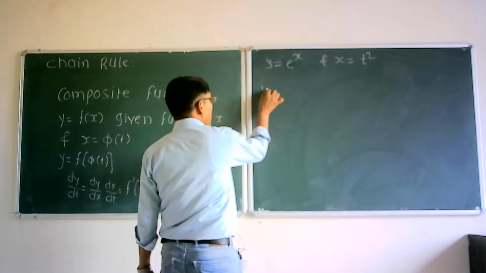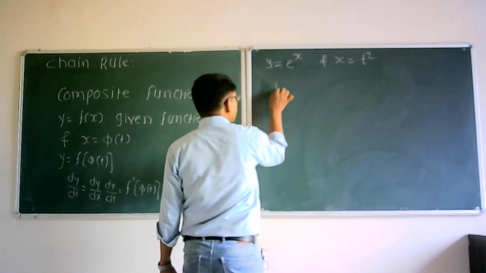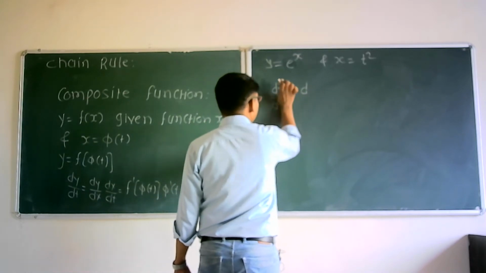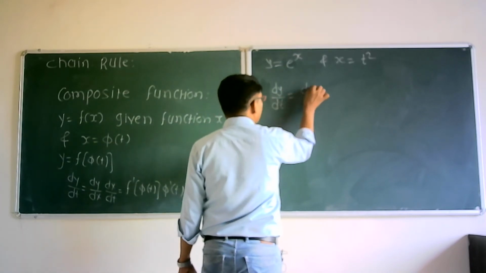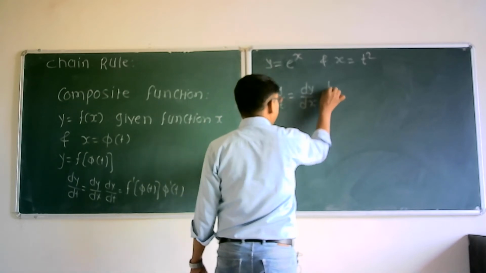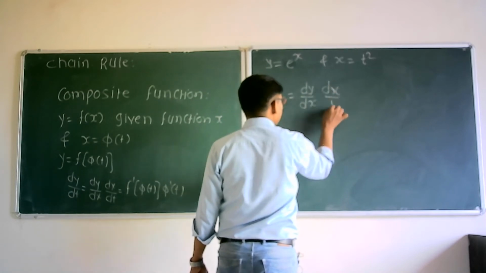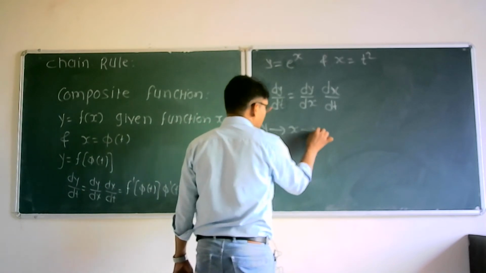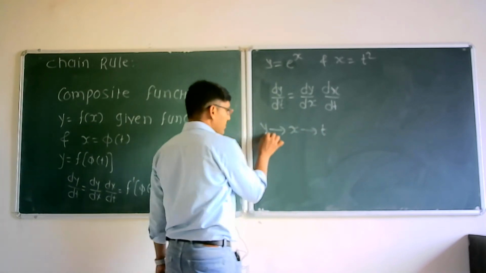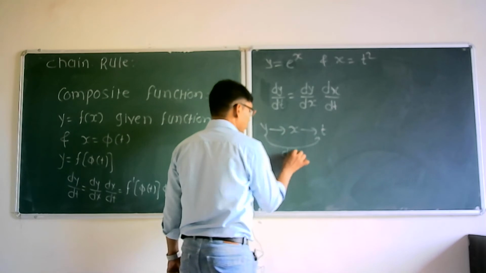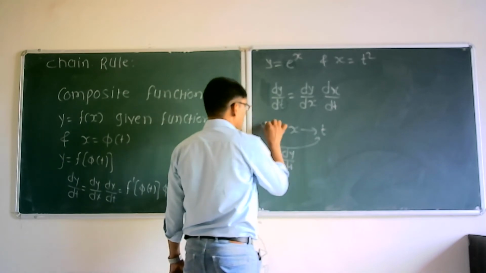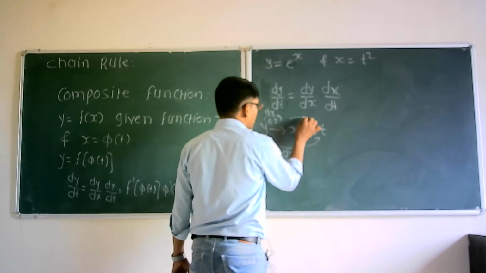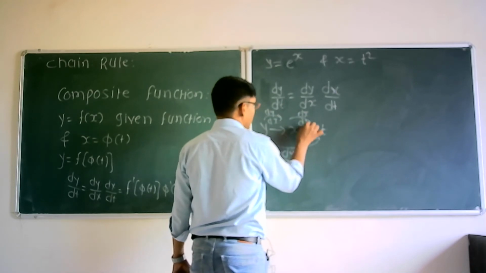Then y is a function of x and x is a function of t, so dy by dt is equal to dy by dx into dx by dt.